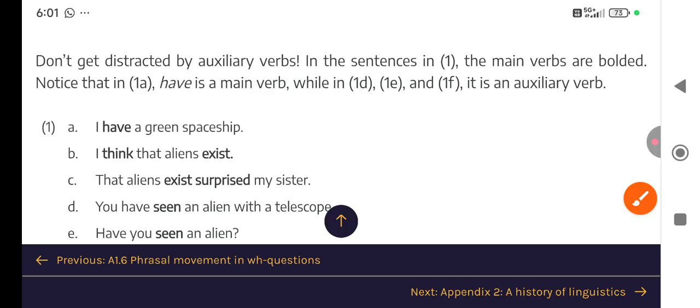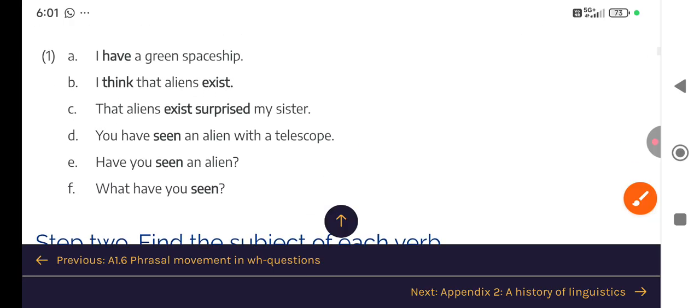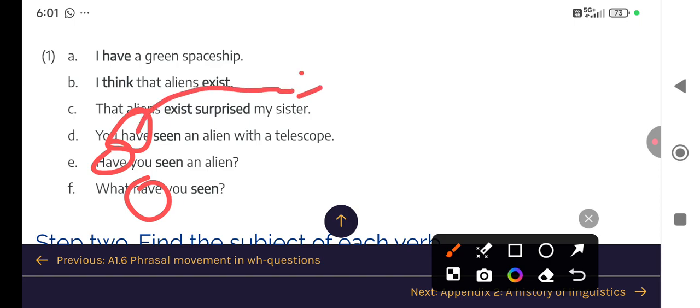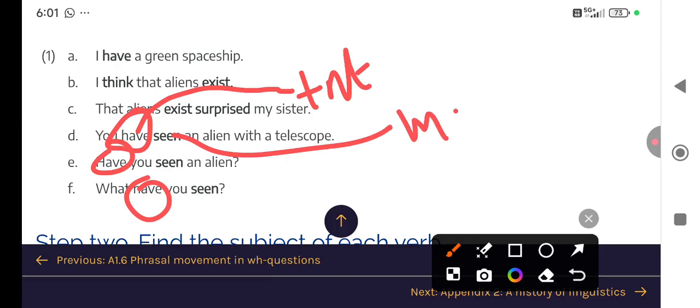Let us see D, E, F. So in D, here is the main verb, and this is auxiliary, auxiliary and auxiliary. How? I tell you. Because you have seen. Here have is used for present tense and seen is the main verb, and that is why have is auxiliary.